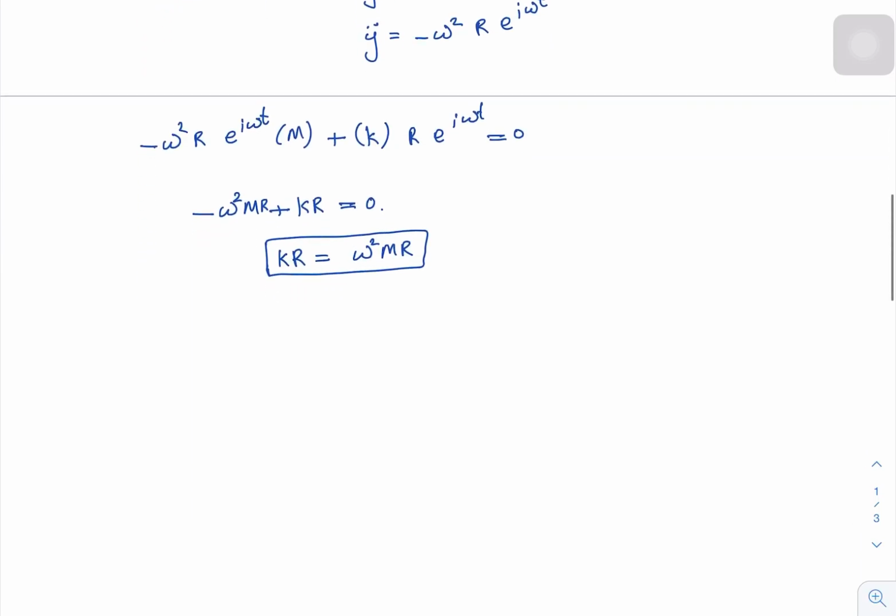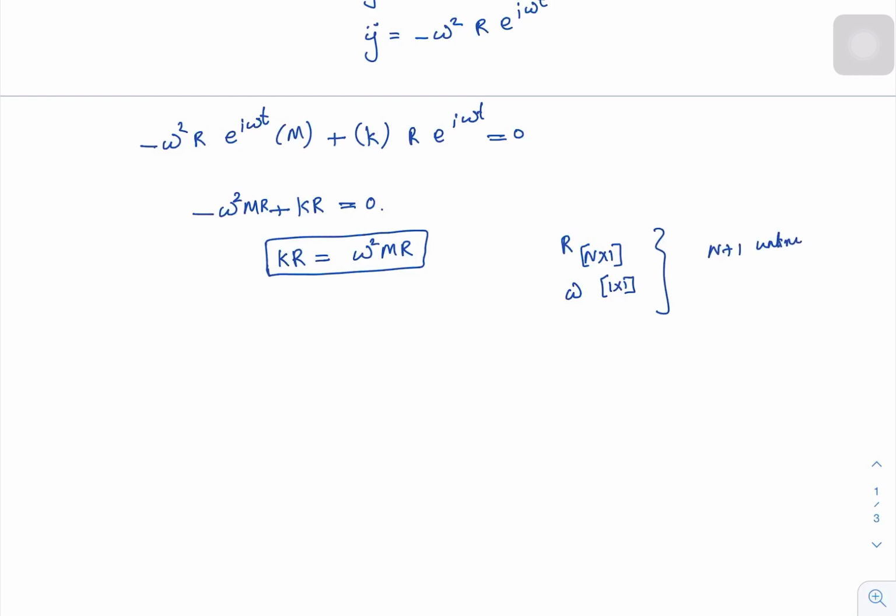Now we have this relation, and we need to solve it. What are the unknowns here? r is the unknown, which is n into 1, where n is the degree of freedom of the system. Then we have 1 into 1, which is the scalar omega. Therefore the total unknowns are n plus 1.